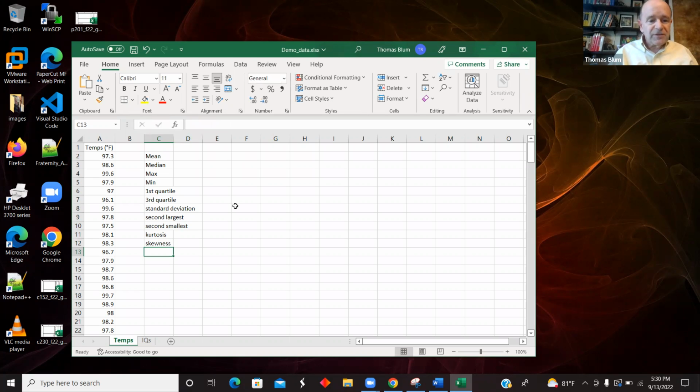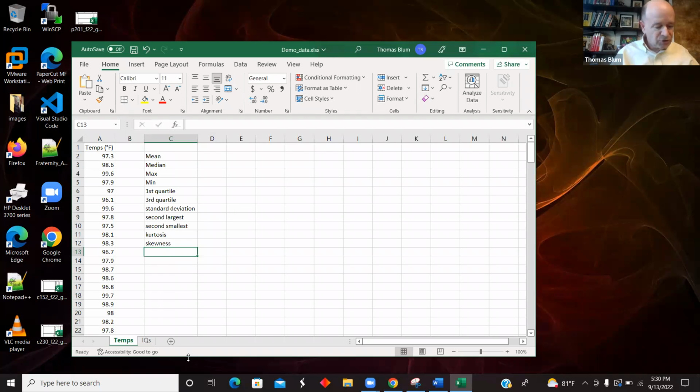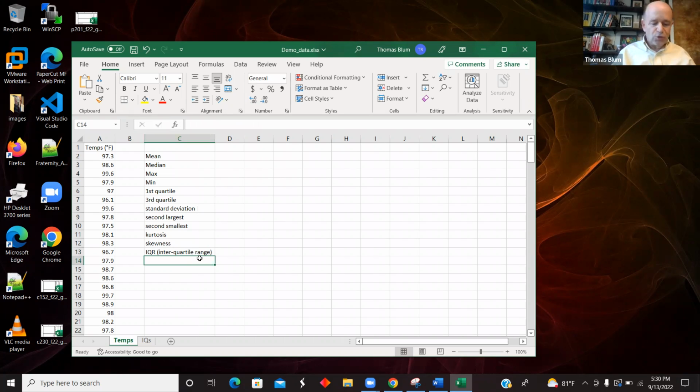So this is a bunch of individual functions. I'll do something called the interquartile range. I'll call it just IQR. Let's spell it out for fun. Interquartile range. And then that can be used to figure out if there are what we'll call outliers.